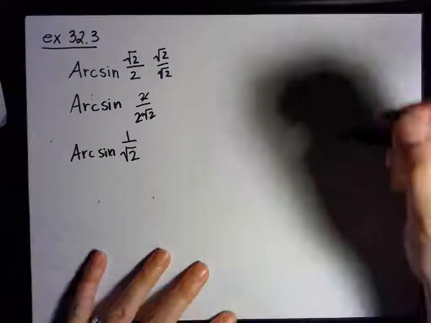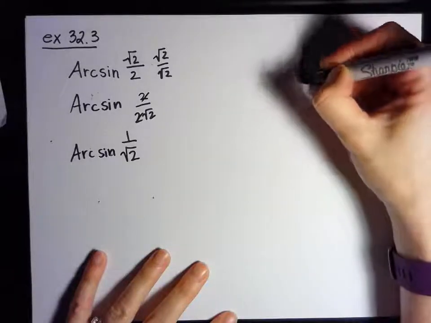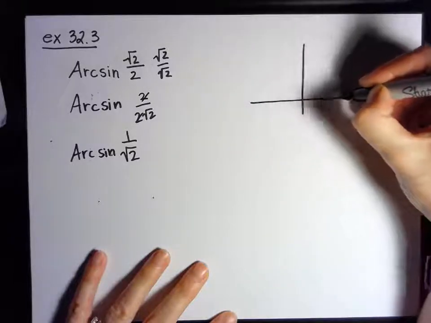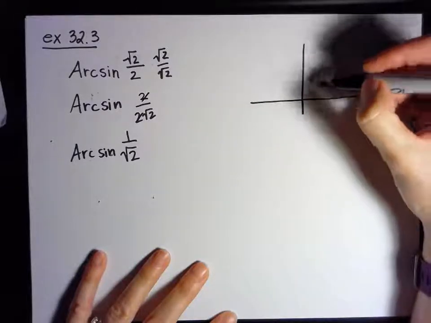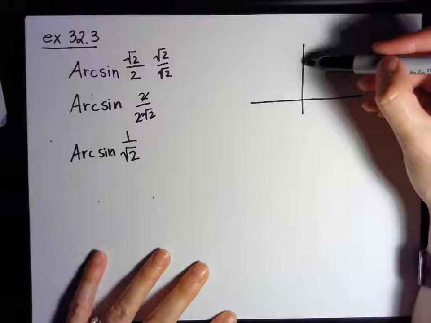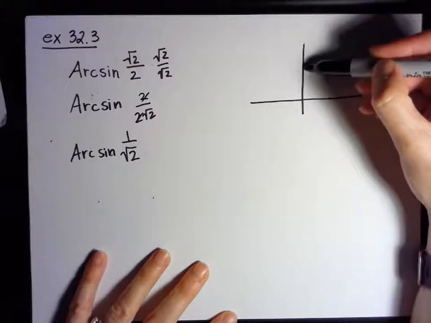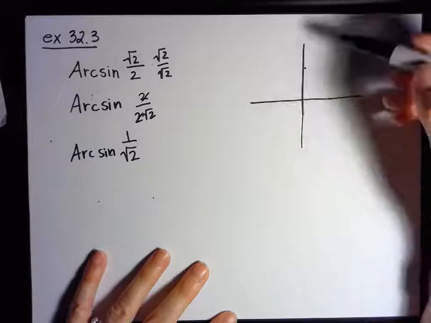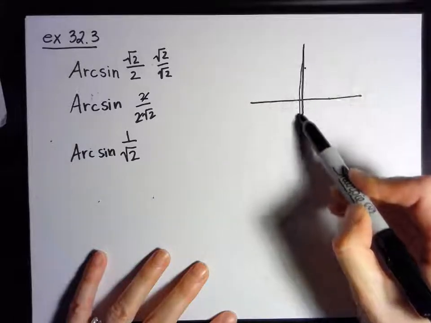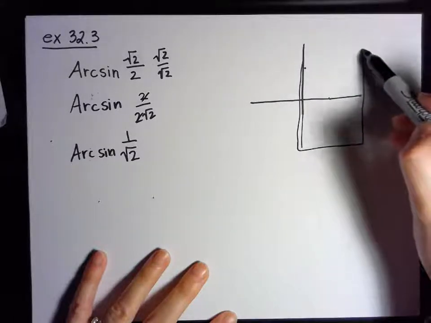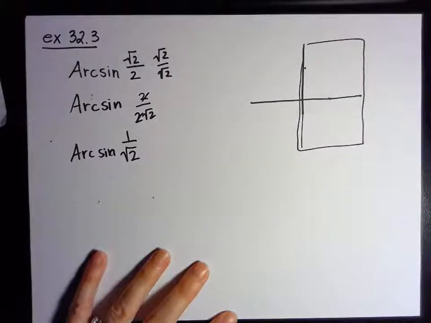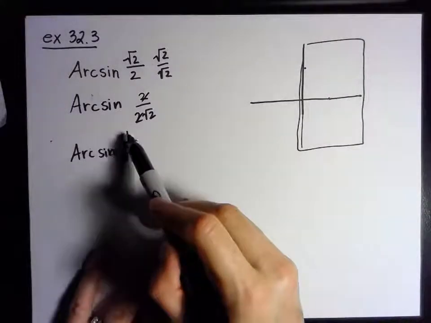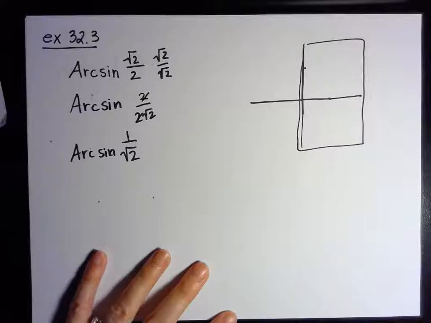We know that we're only going to be thinking about values from 0 through 90 or 0 through negative 90. Really, we're just going to be focusing on these two quadrants. So this is a positive 1.